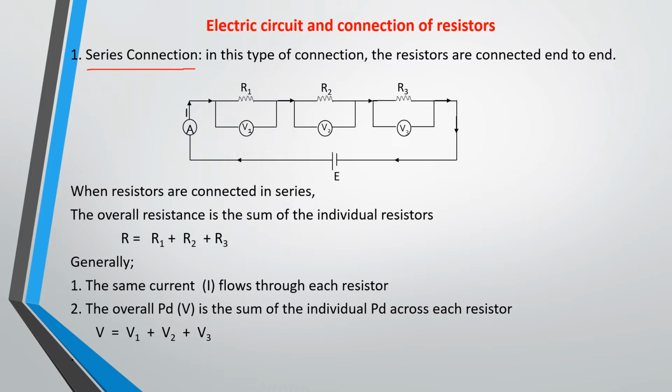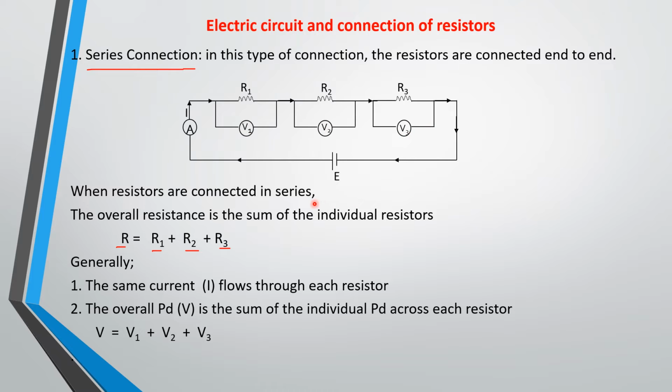So their overall resistance is equal to R1 plus R2 plus R3. Very simple. If you look at the arrangement, you find out that they have different voltmeters connected across their terminals. This is voltmeter 1, voltmeter 2, voltmeter 3, and each of them is measuring a different potential difference.